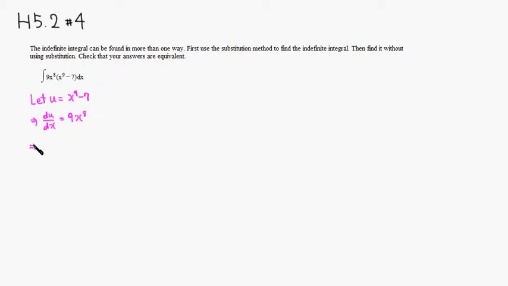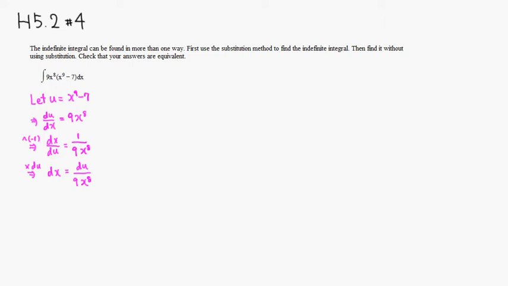Right? Then take the reciprocal of both sides. dx over du is equal to 1 over 9x to the 8th. Then we multiply both sides by du. So dx is equal to du over 9x to the 8th power.